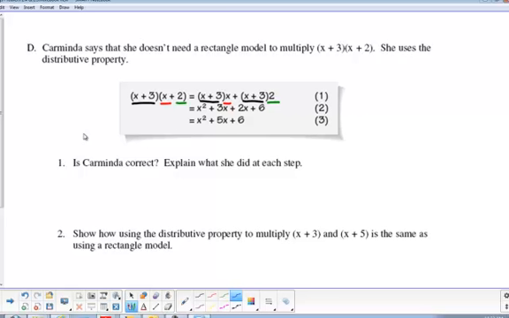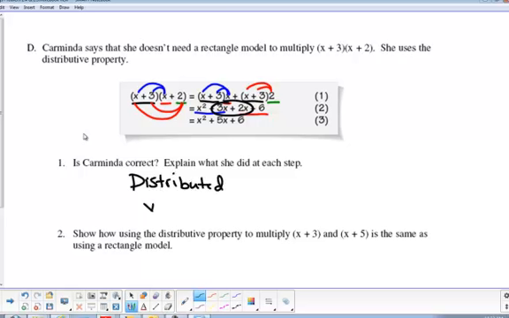So what she has done is she has distributed the x through to get that, and then she distributed the 2 through to get this, and then she put her like terms together. So Carminda did a good job. She distributed. And she is correct. Typically, we distribute the first parentheses out.